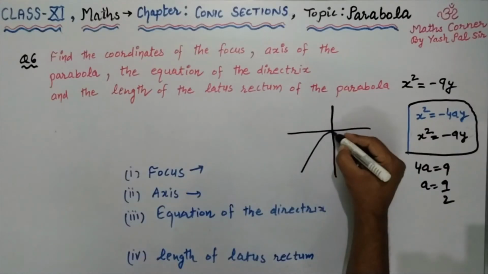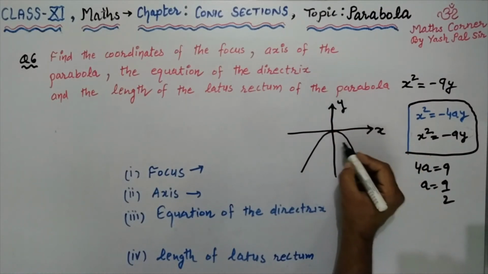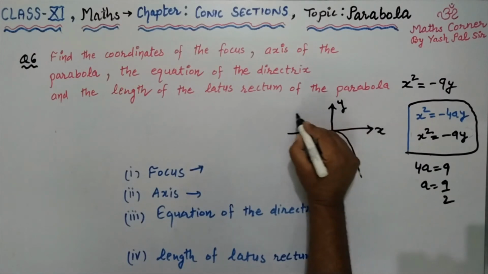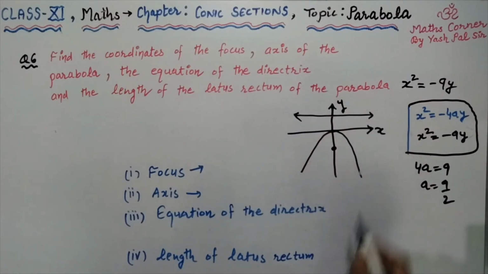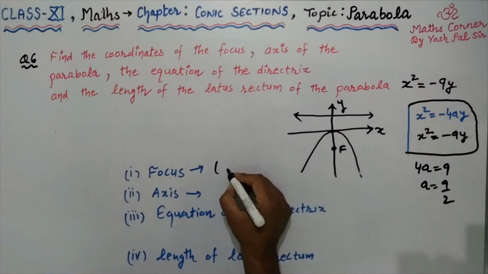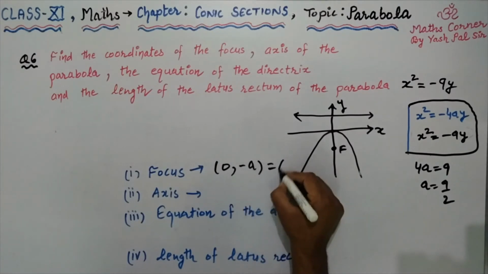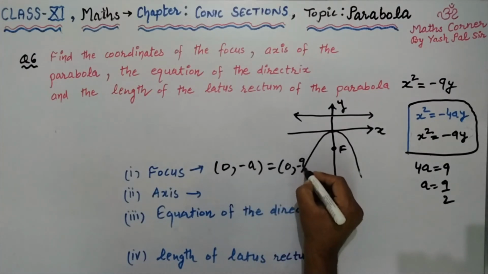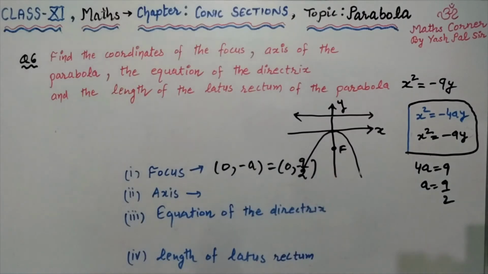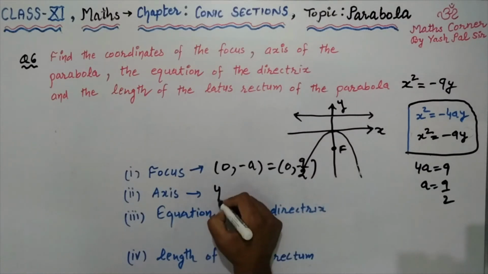So focus, what is the name? This parabola is a downward parabola, with x-axis, y-axis, and this is the focus. This distance, this line is the directrix. So the focus coordinates are 0 comma minus a, so 0 comma minus 9 upon 2 are the coordinates of the focus.